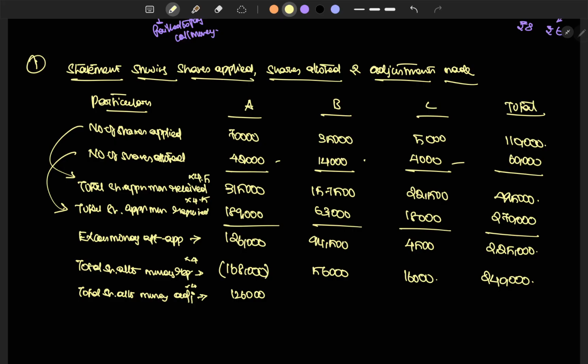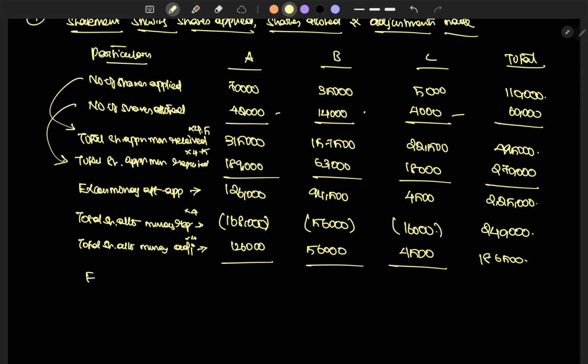Let's have the requirement money in negative, and allotment money adjusted is 1,26,000 for category A, and only 56,000 for category B, because we have only 56,000 requirement, and 4,500 adjusted because that's the max amount which is in excess for category C. So if we total the adjustment value, 1,26,000 plus 56,000 plus 4,500, which is 1,86,000 we have adjusted with allotment.